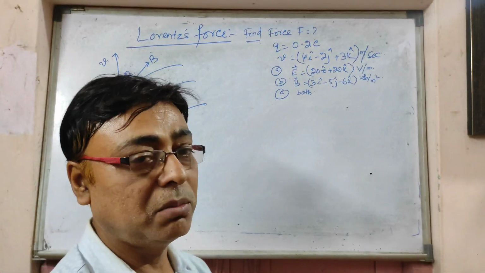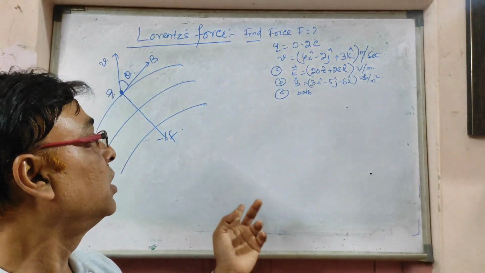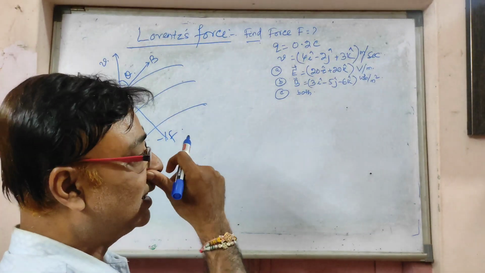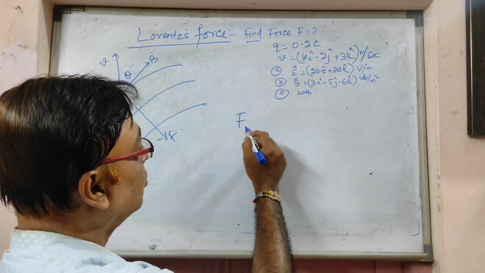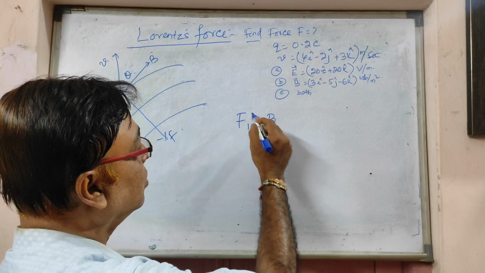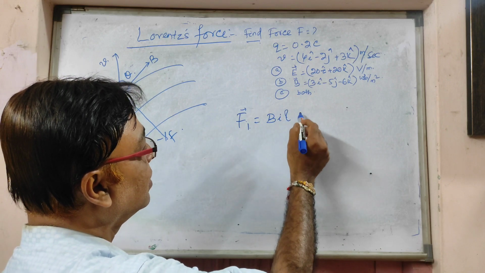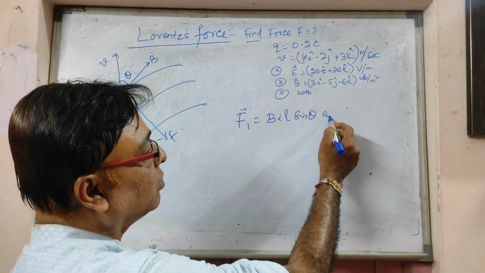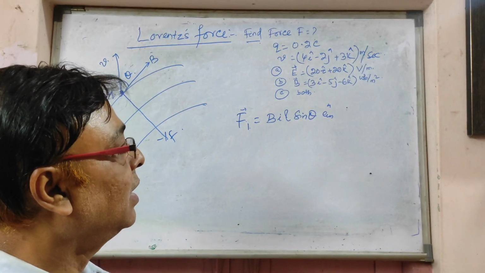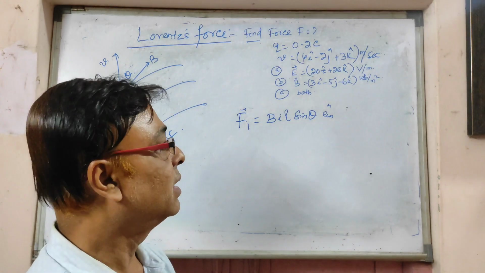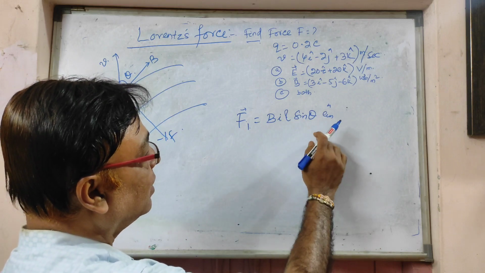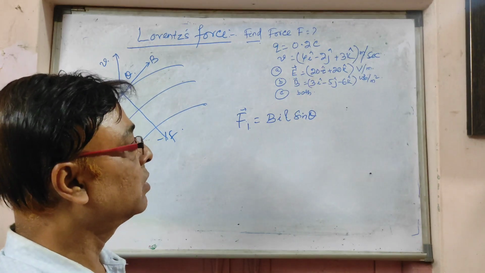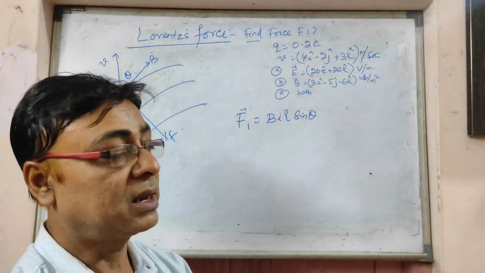The force will be perpendicular to the plane containing V and B. If we take the magnetic field alone, the force F1 is equal to BIL sin theta, in Newtons. If we represent it with a unit vector that gives the direction, it will be in vector form.